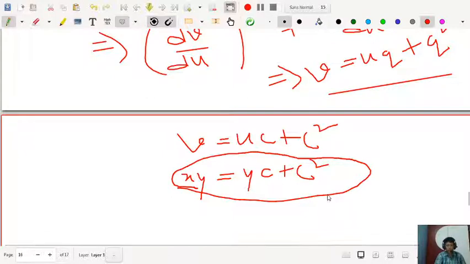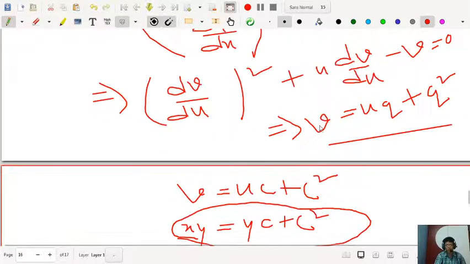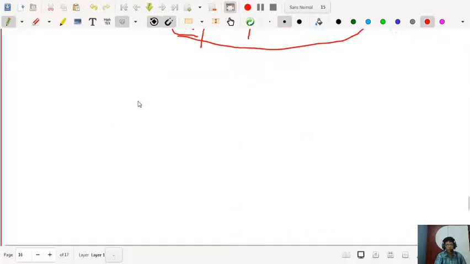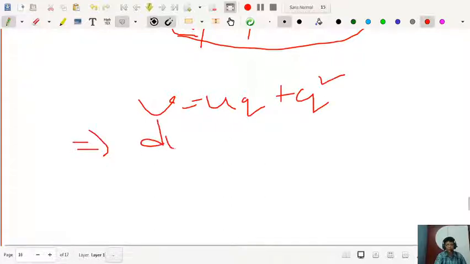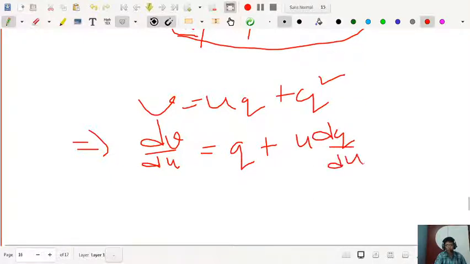Now what about the singular solution? For the singular solution you have to differentiate this with respect to u. So v is equal to uq plus q square. Differentiating with respect to u, dv/du is equal to q plus u dq/du plus 2q dq/du.